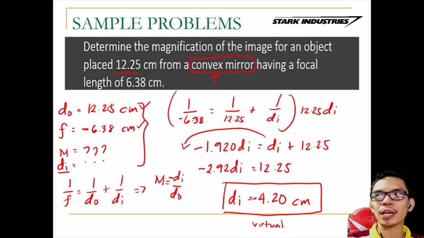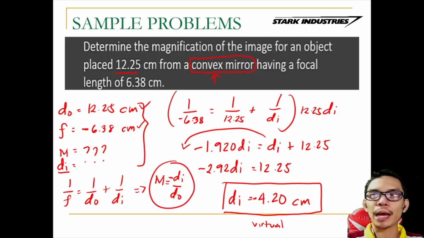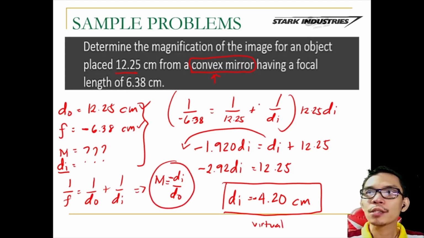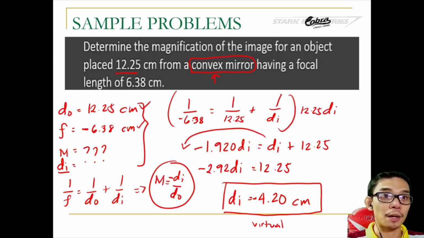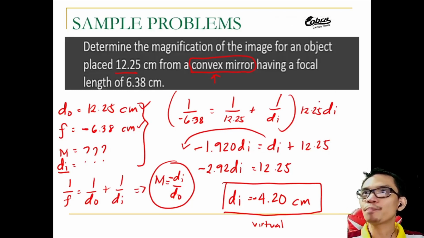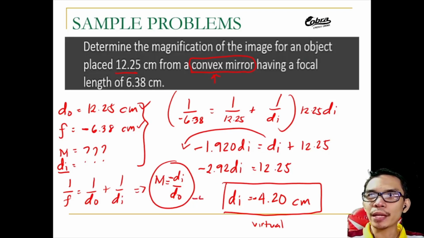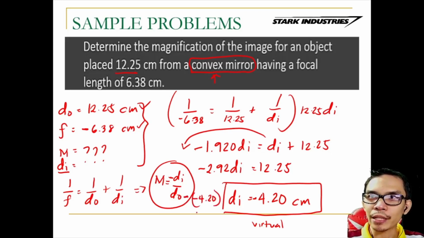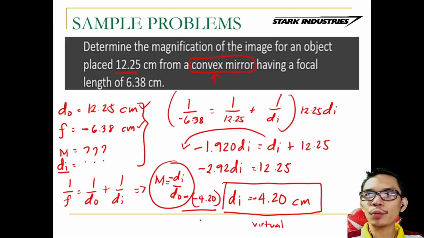Now, what is the magnification? With the use of this formula, we can find the magnification. So let's plug in those values. I will solve it somewhere here. We have negative 4.20, times the negative sign there, and we have the d sub o, which is 12.25.